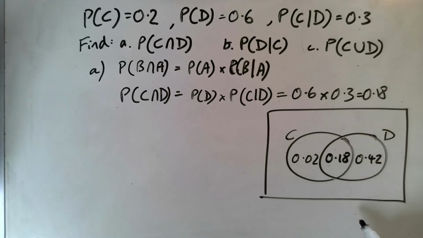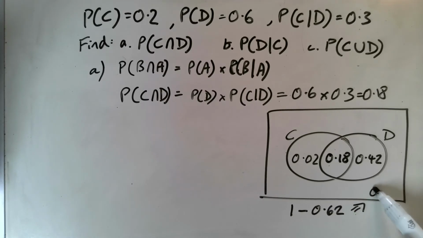Now I've got all 3 of those, I can add them together. 0.2 plus 0.42 is 0.62. So then I can say 1 take 0.62 equals 0.38 to be the probability that neither of them happen.